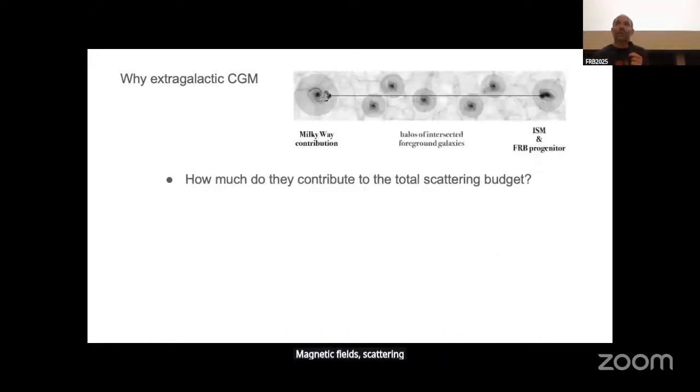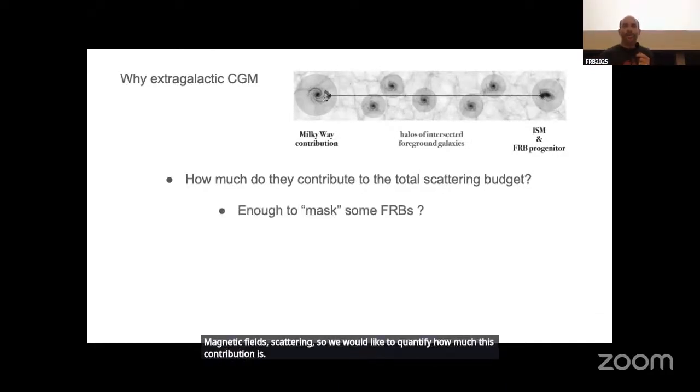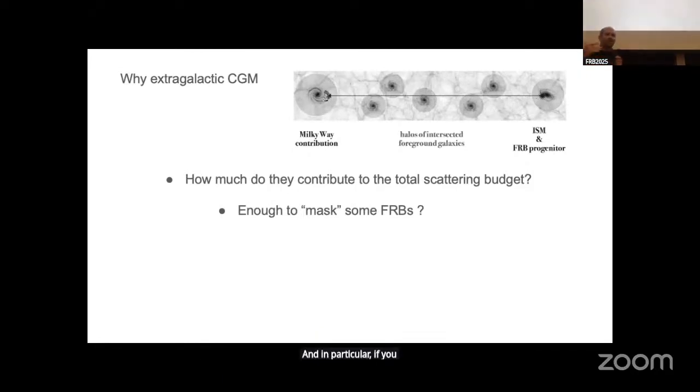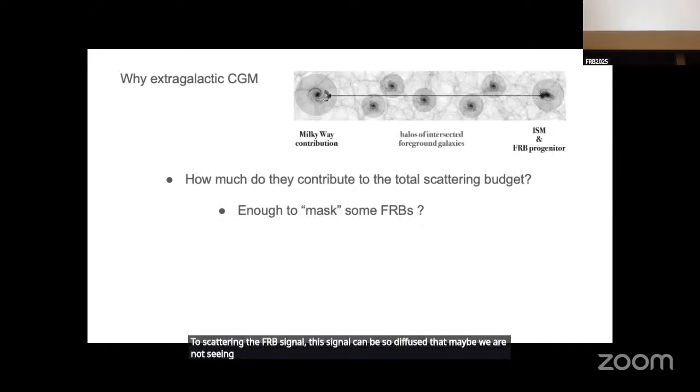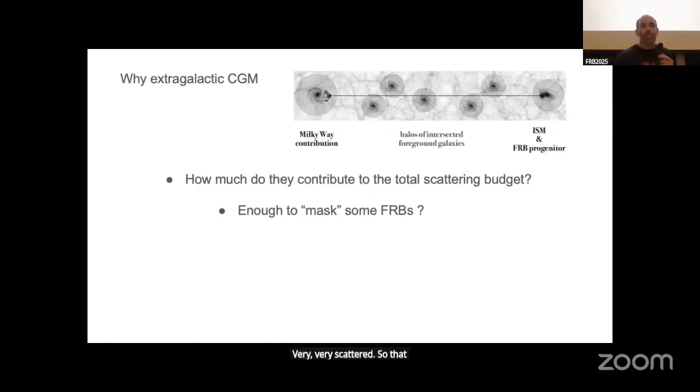So we would like to quantify how much this contribution is. In particular, if these intervening halos contribute a lot to scattering the FRB signal, this signal can be so diffused that maybe we are not seeing some FRBs just because the signal gets very, very scattered. So that could be one possibility.